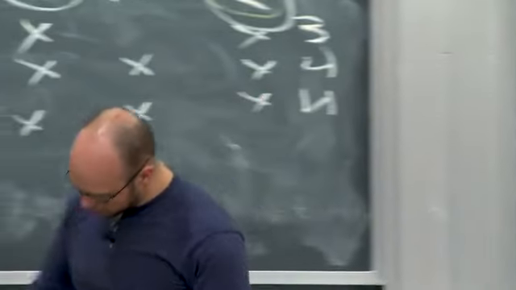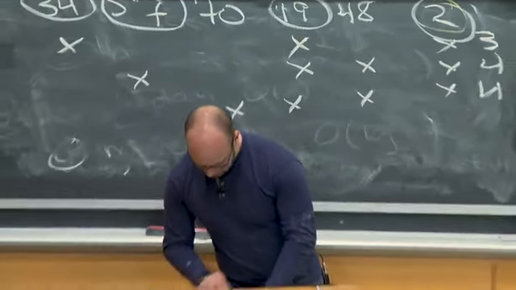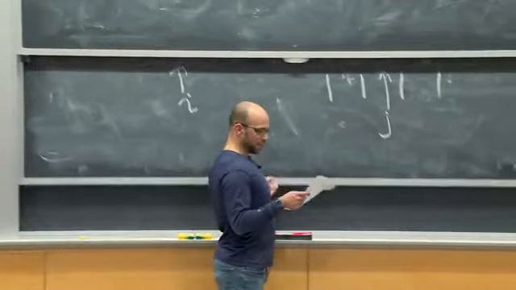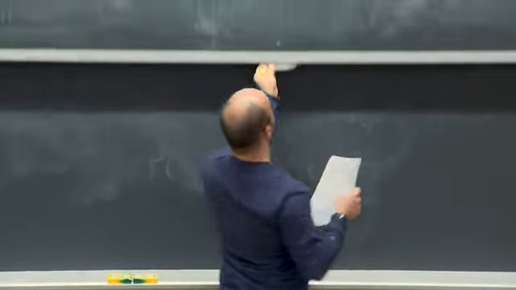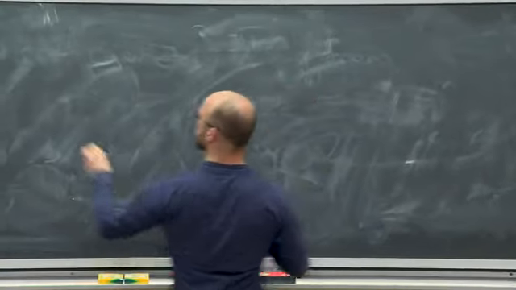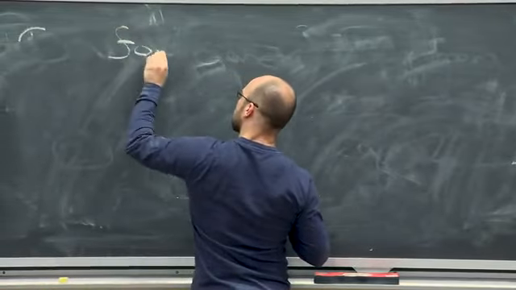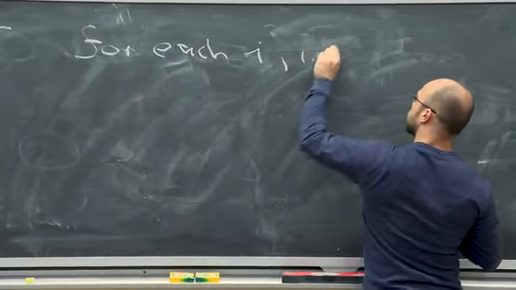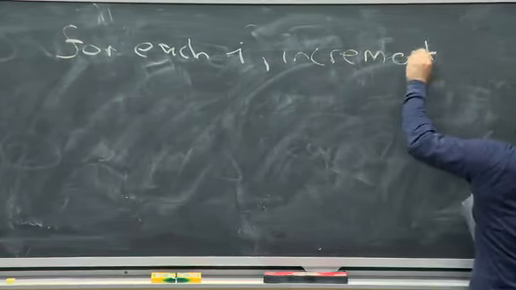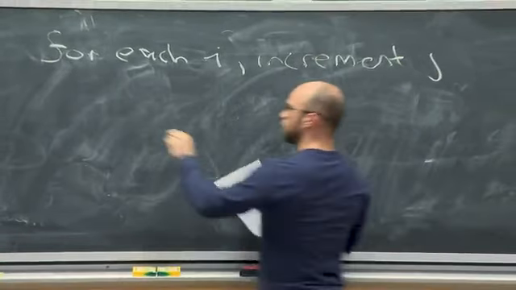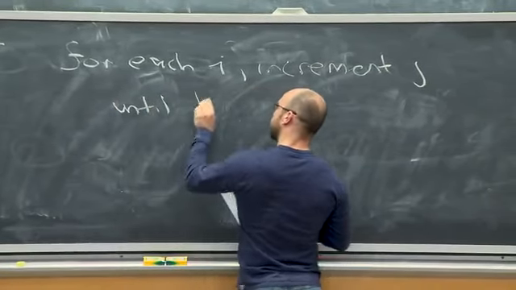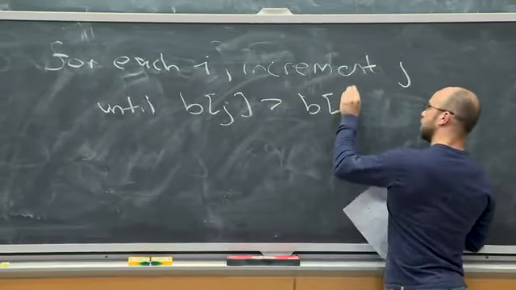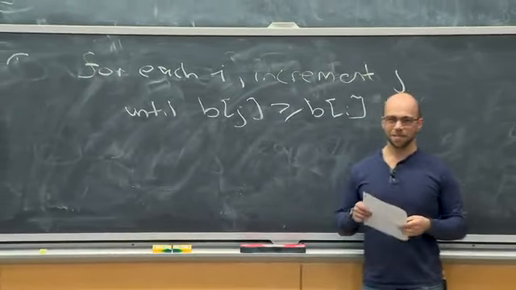Now I've managed to talk myself out of time. But basically that's it. So what I'm going to do, if we have 10 extra seconds, is initialize, essentially for each i, I'm going to increment j until the number of bricks at j is greater than the number of bricks at i, because that should be greater than or equal to, right?